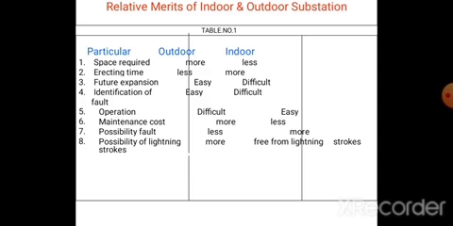The possibility of lightning strokes is more in outdoor substation, and indoor substation is free from lightning strokes. The possibility of formation of dust is more in outdoor substation and less in indoor substation.